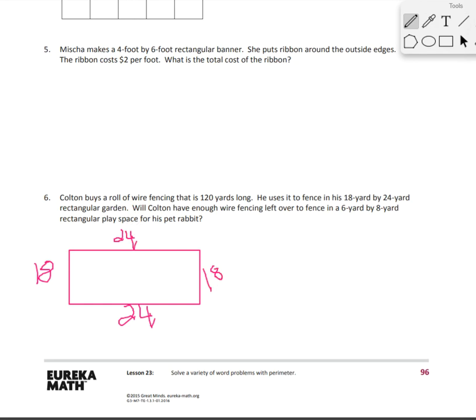Will Colton have enough wire fencing left over to fence in a 6 yard by 8 yard rectangular play space for his pet rabbit? So I'm going to make a little one over here for his bunny, and we'll deal with that one once we have finished our big rectangle.